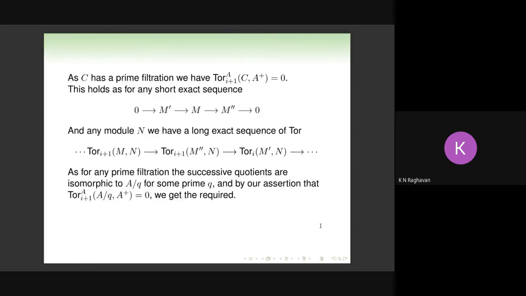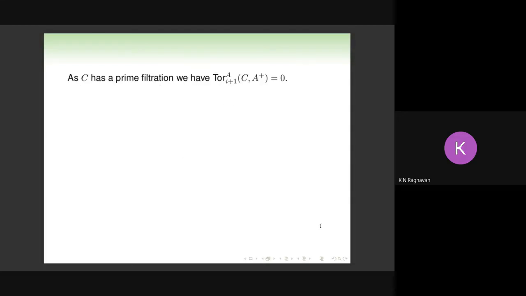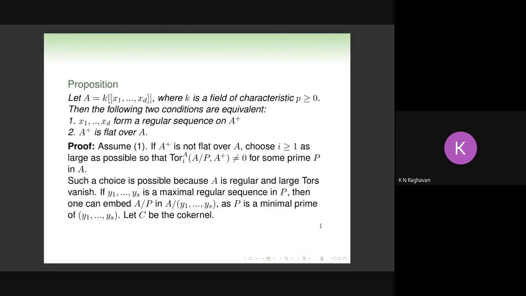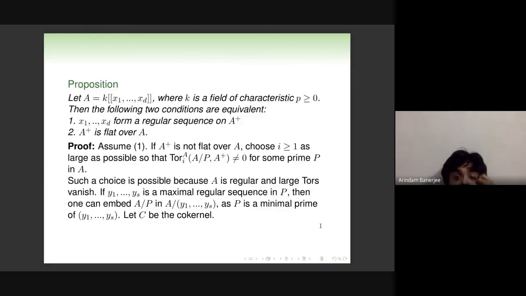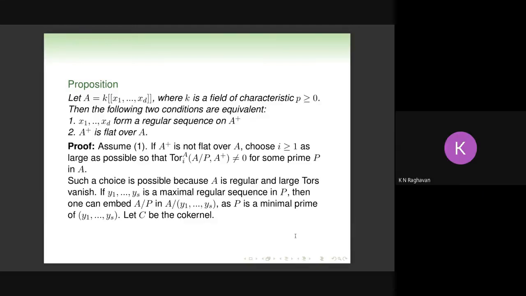Arindam, in the statement, I'm a little confused with the following are equivalent. It says these are conditions on the field K. It's a power series ring, right? Either it is true or not. I'm a little confused with the proposition.